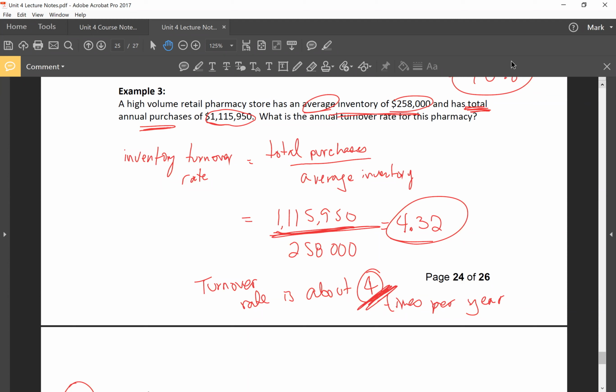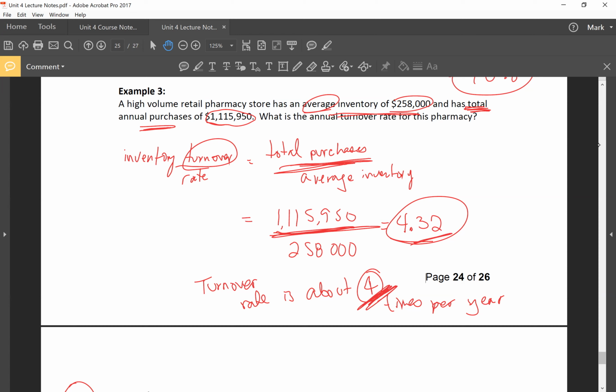Little confusing, because I understand the word rate, you're thinking, oh, I'm going to multiply it by 100. Just think of this as turnover. And turnover is your total purchases over the average inventory cost. And again, I hope this makes sense. In a year, the total purchases for this company was 1.1 million. The cost of the average inventory was 258,000.